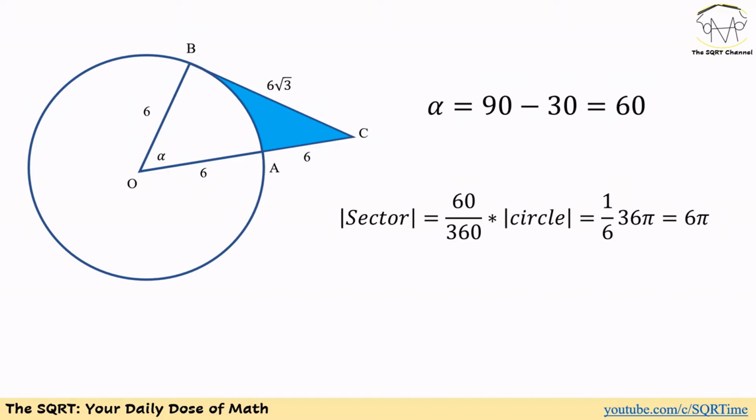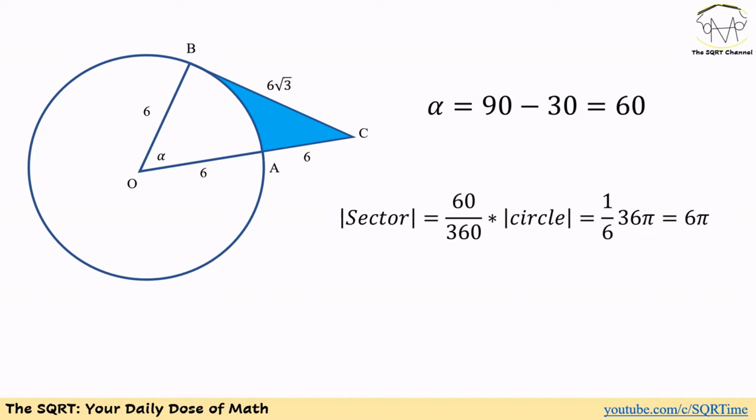So OB is 6 and OC is 12, and we can say that the angle that we have for C in this triangle is going to be 30 degrees. As a result, alpha can be calculated as 90 minus 30, which is 60. Now we have the value that we have for alpha.